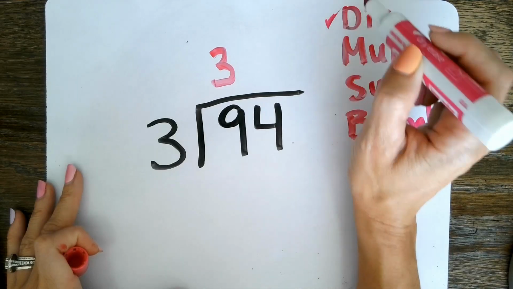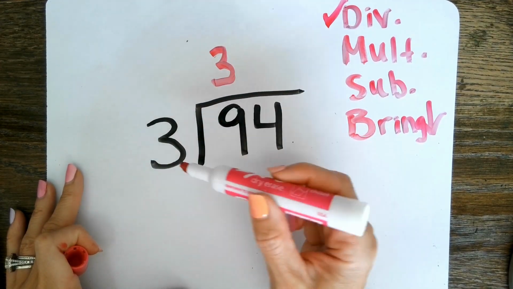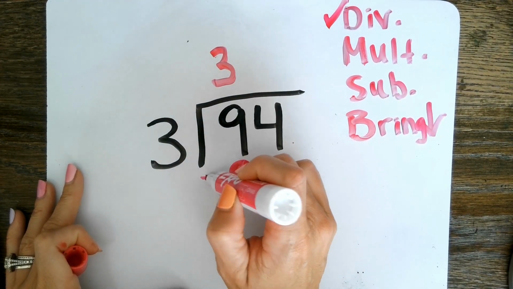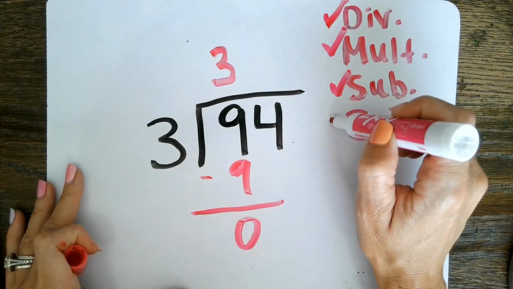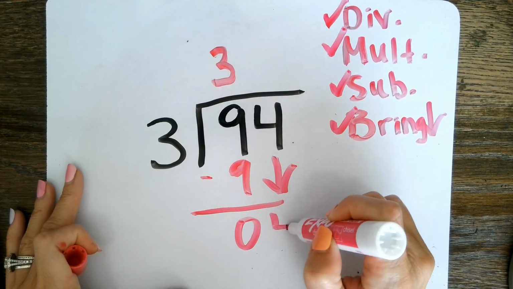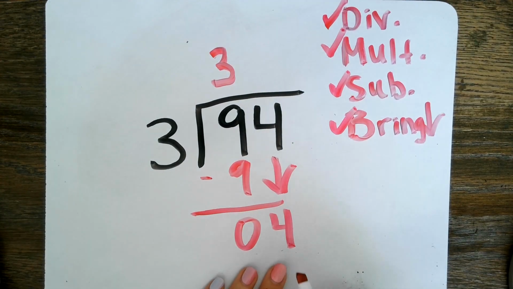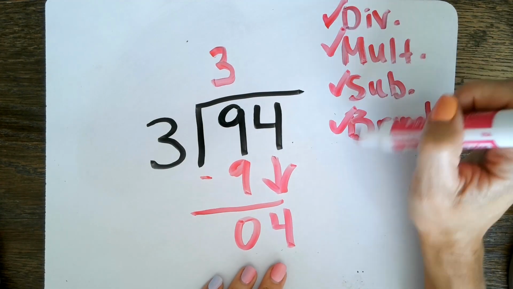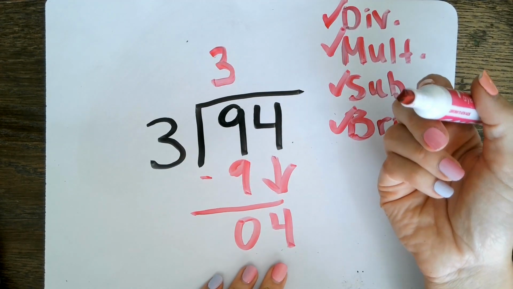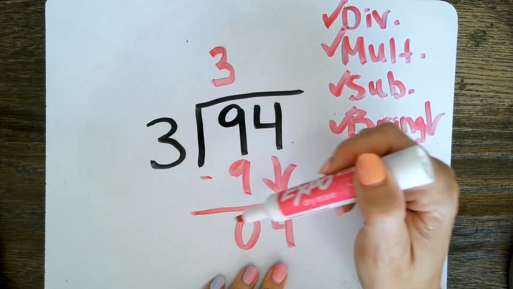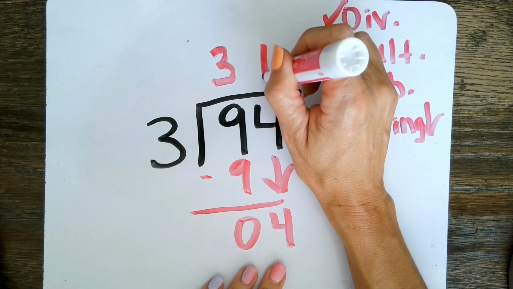Okay, so we did division. 3 times 3 is 9. We need to subtract and bring down the 4. Now we start back up at the top. 4 divided by 3. Well, we can't do that exactly, but how many times does 3 go into 4? 1 time.